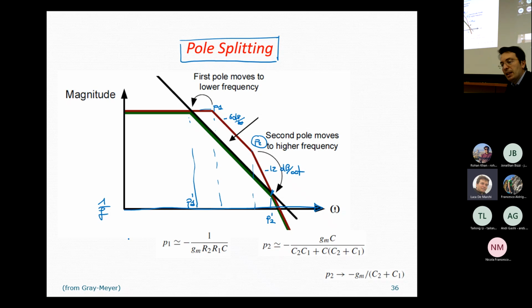What happens instead in the green case? Well, in the green case, the first pole is located here. And the second pole is located here.